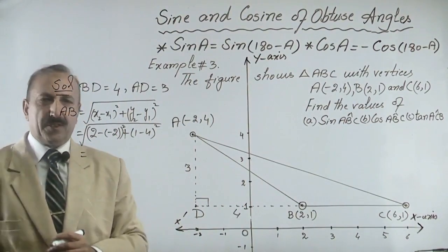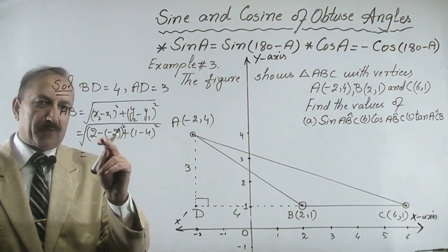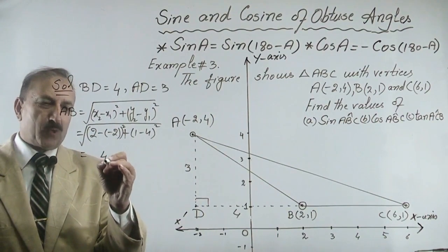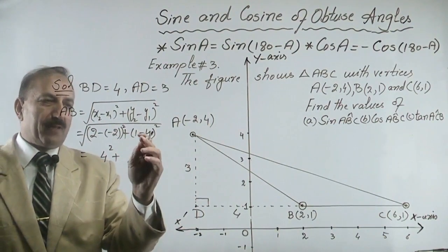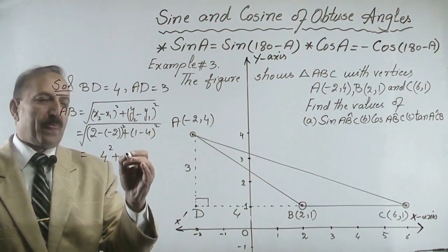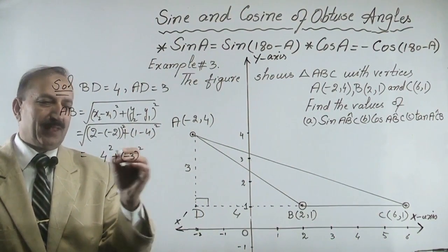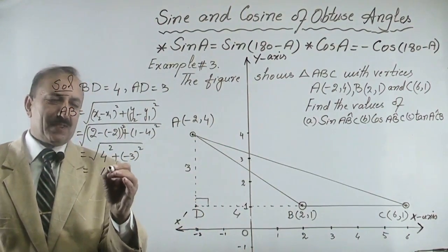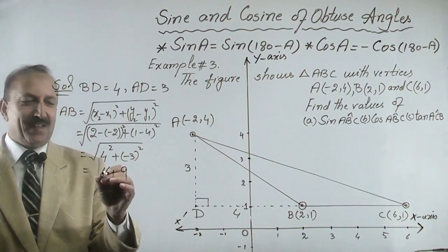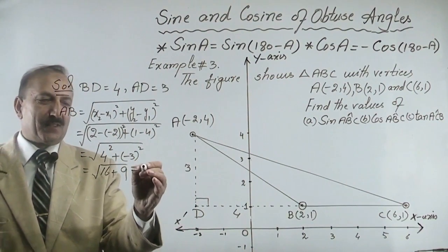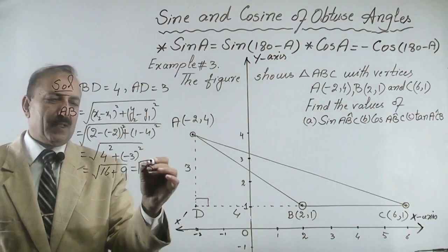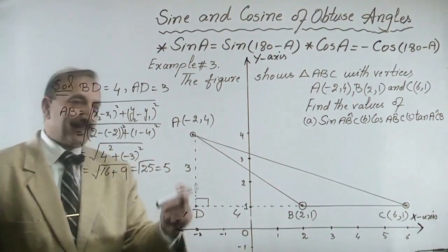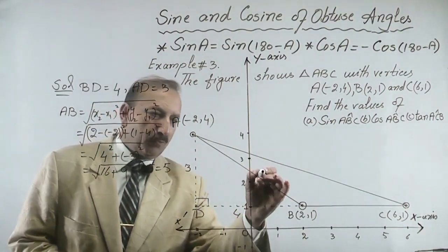Let's simplify a little. 2 minus 2 is 0, and after this, minus into minus becomes positive, so it will be plus 4 square, plus we subtract 4 from 1 and we get minus 3 square, with the square root. This will be equal to 16 plus 9, my dear, and this will give us square root of 25, and the value is 5. It means we have length AB equal to 5.